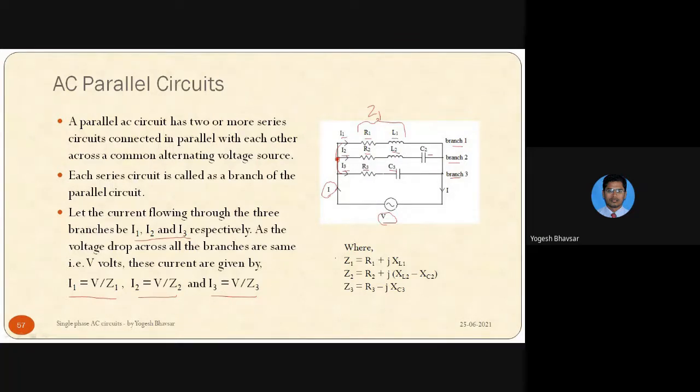Z1 is equal to R1 plus jXL1 for the first branch, because it is in series. For Z2, R2 plus j(XL2 minus XC2), because inductor and capacitor are both present, so it becomes a series RLC circuit. And Z3 is equal to R3 minus jXC3 for the third branch.